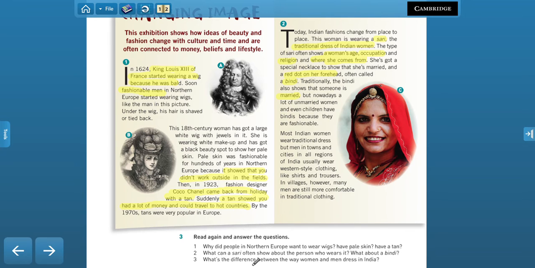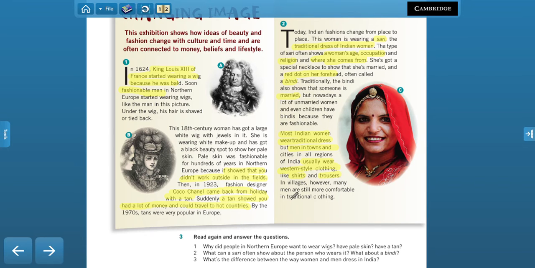Now, what's the difference between the way women and men dress in India? Here we have that most Indian women wear traditional dress. But the men, right, they usually wear Western style clothing. What is Western style clothing? Shirts, trousers, like what we wear here, right? Comfortable clothes. Yes.